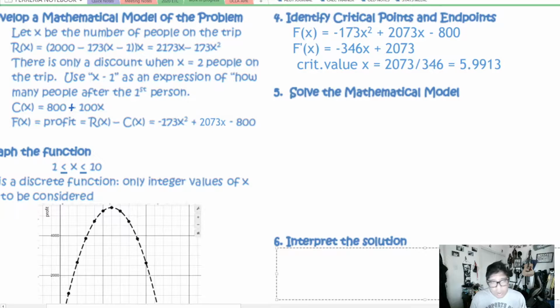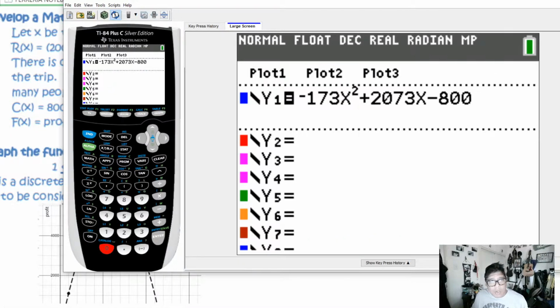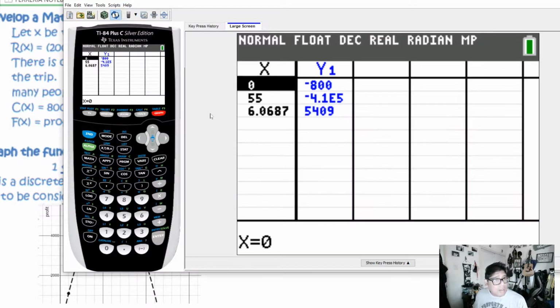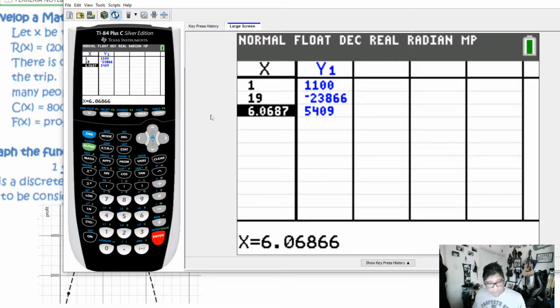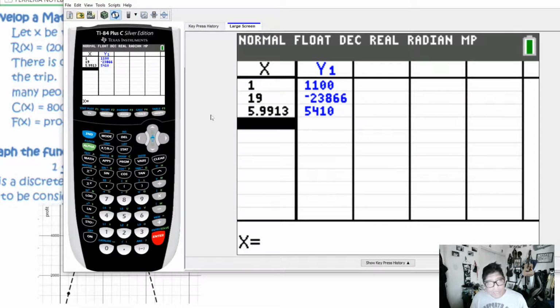Let's solve this mathematical model. Let's do our candidate test using our calculator. Here we've got our profit function in y1. We'll go to our tables and let's figure out our minimum was 1, our maximum was 10, and our critical value, well, that was 5.9913.